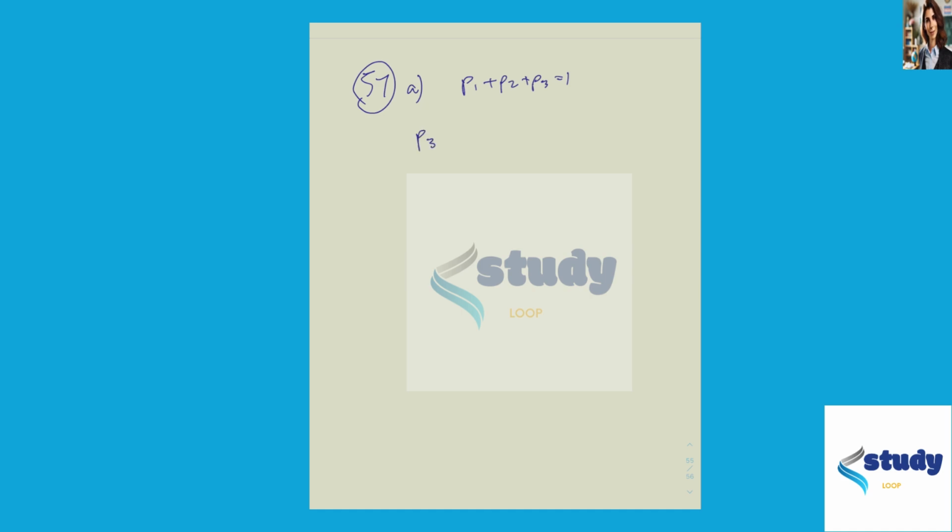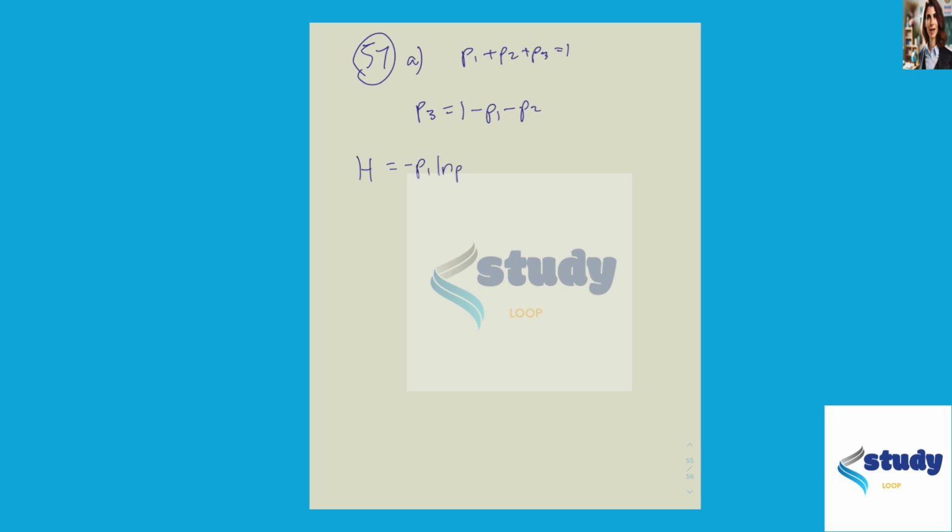So then P3 is going to equal 1 minus P1 minus P2, and then H is going to equal negative P1 times the natural log of P1, minus P2 times the natural log of P2, minus (1 minus P1 minus P2) times the natural log of (1 minus P1 minus P2).